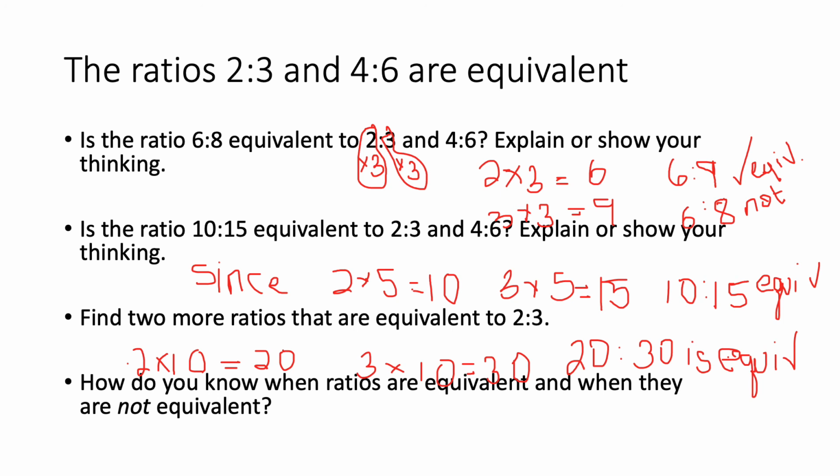But if we do that, we get 9. But we need 8. So 6 to 8 is not equivalent to 2 to 3.